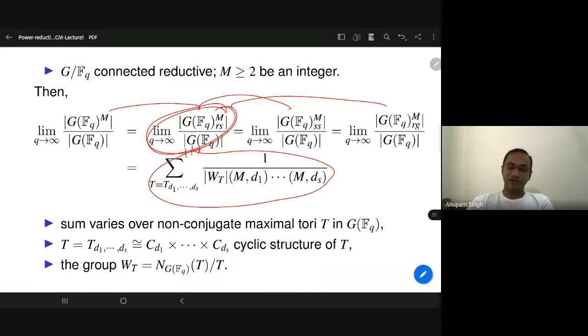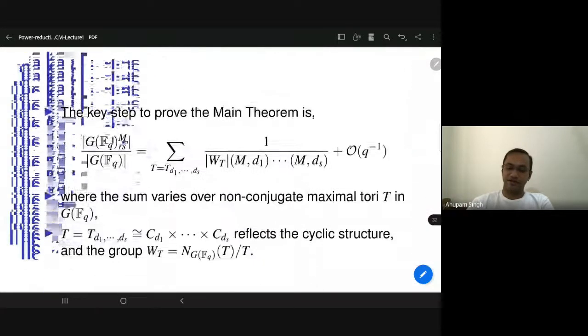This is what I have described for GLn. For GLn, I have described the cyclic structure for each maximal torus. I know all maximal tori up to conjugacy, because this sum varies over all non-conjugate maximal tori, and for each one of them I know the Weyl group and all this stuff. So I can just plug it into this formula for GLn.